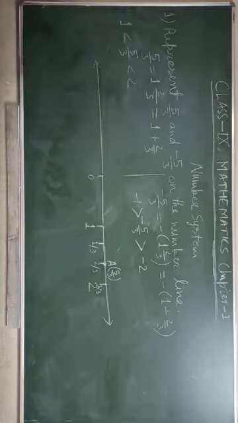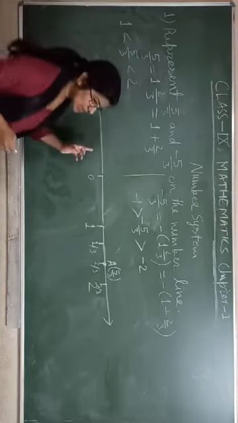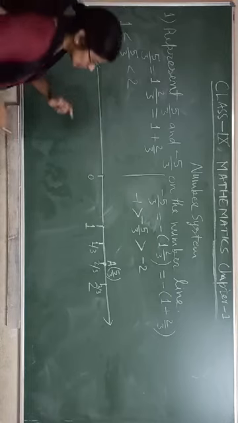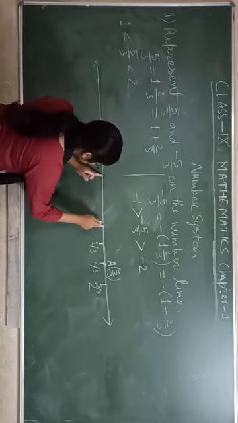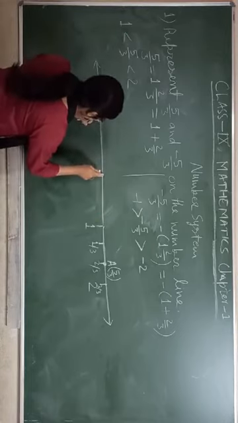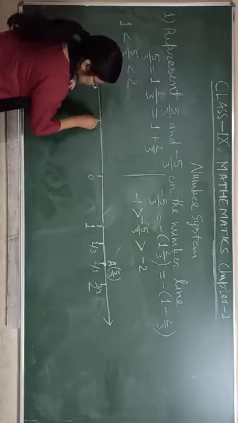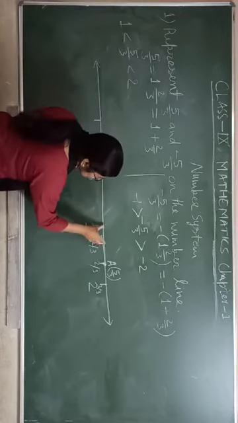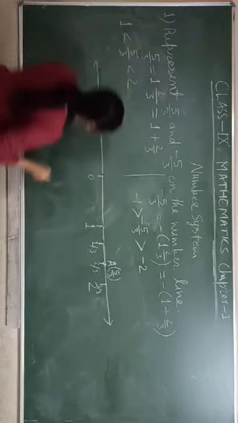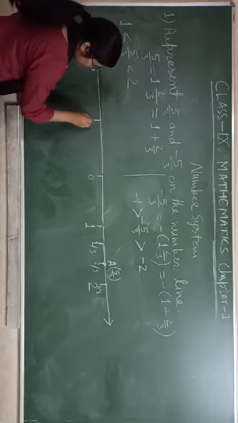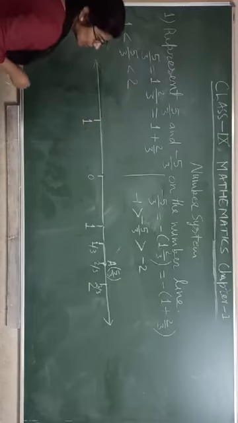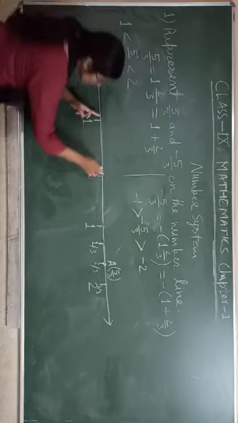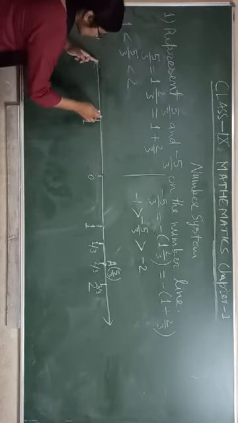So this number lies between minus 1 and minus 2. So how much gap you have taken here? Equal you have to take here. The gap should be equal. Here also the gap should be equal. And how much gap you have taken here? The same you have to take here.